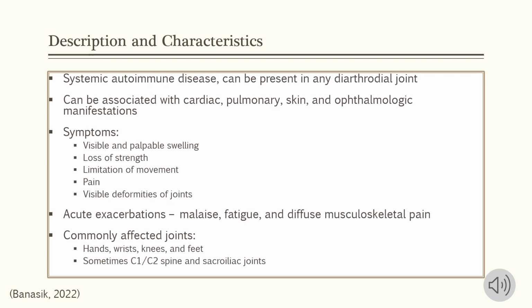Symptoms can involve swelling, loss of strength, limited range of motion, pain, and visible deformities of joints. Acute episodes include malaise, fatigue, and widespread pain. The most commonly affected joints are hands, wrists, knees, and feet, although sometimes the C-spine and SI joints are affected as well.